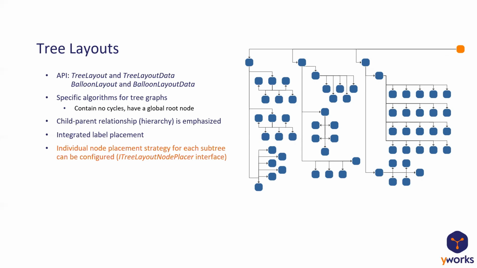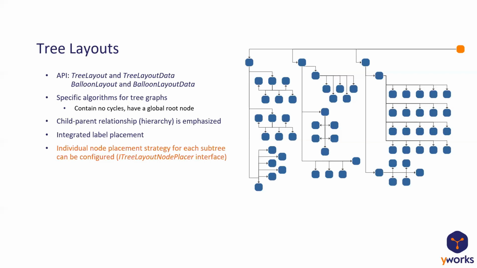This individual placement strategy is a feature which belongs to the algorithm that's called tree layout in our API. So, first point here on this slide, you see that we have more layout algorithms. Another tree layout algorithm is the balloon layout, which does not support this individual configuration.